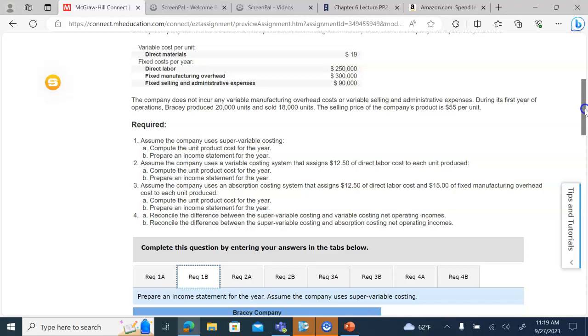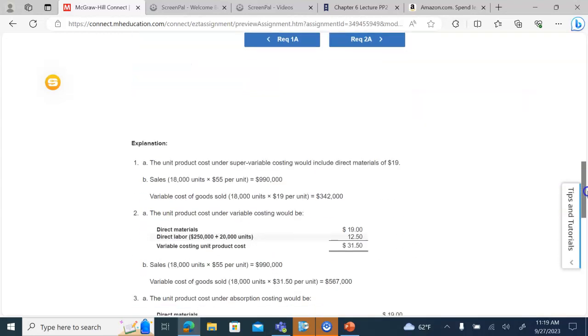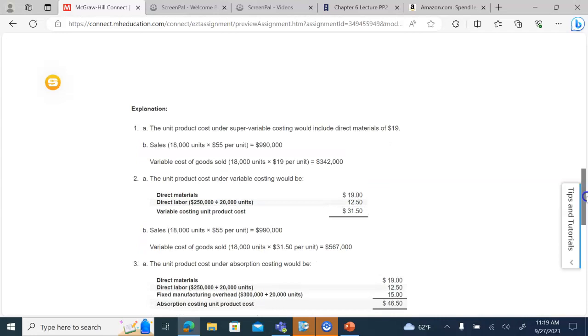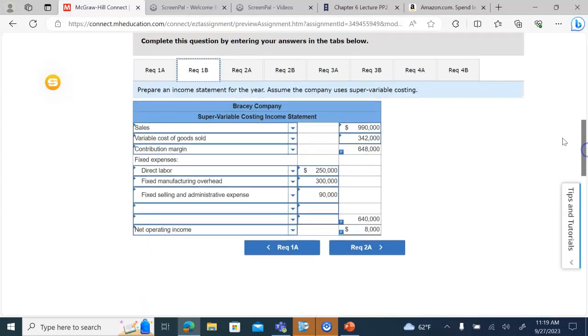It sold 18,000 units at $55 per unit. So the sales, and then our variable cost of $342 gives us our contribution margin. Then you show your fixed expenses here.